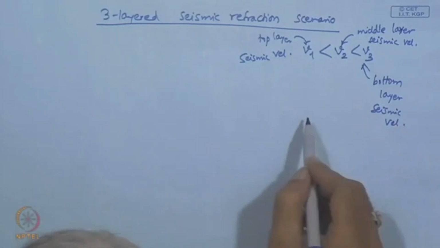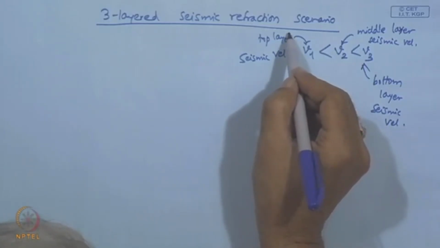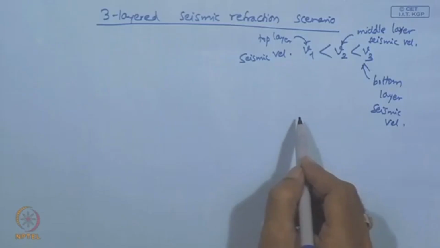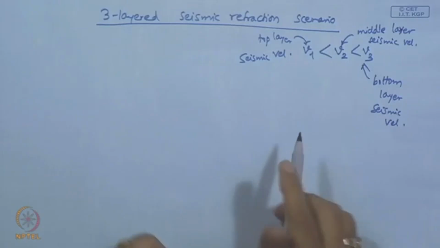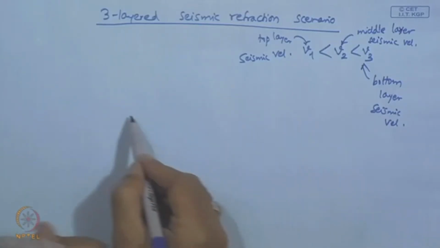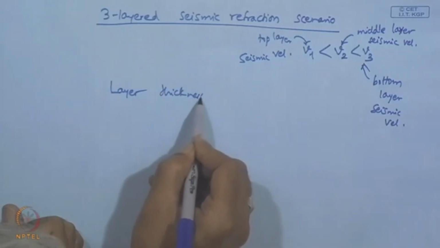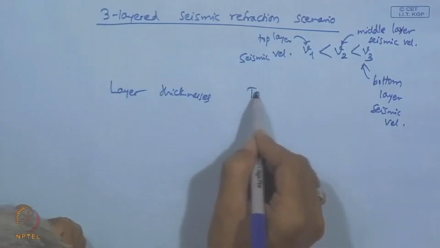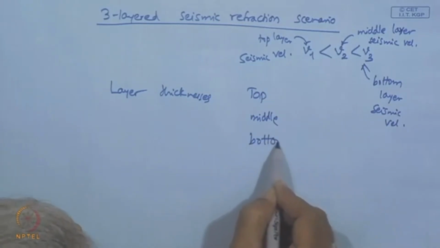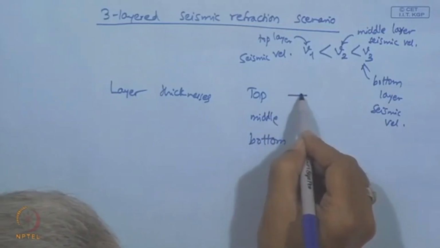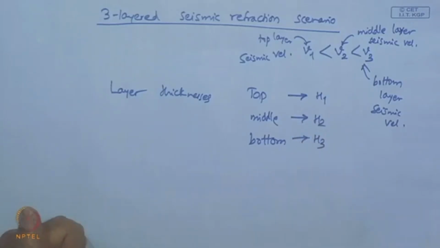And the layer thicknesses are H1, H2 and H3, for top, middle and bottom.